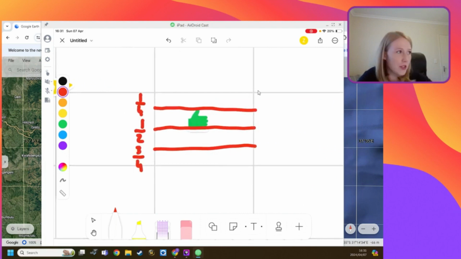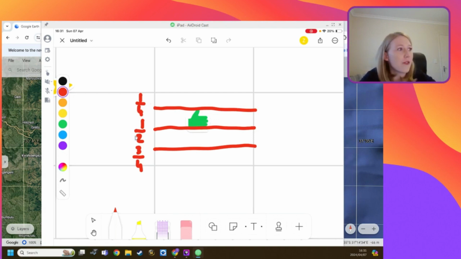This is the start of 32, this is the start of 33. This is a quarter of the degree, this is a half of the degree, and this is 3/4. I've just broken it up into bite size. And we can see that the thumb is floating somewhere between a quarter and a half.